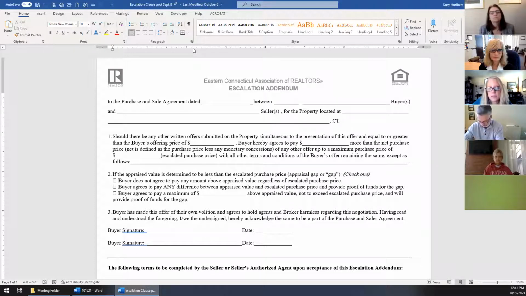But they should be able to see the terms and conditions of that offer on that contract, and it has to be a bona fide offer. And I have to include all pages too, that's the other thing, because you could submit page 1, which I've had some agents try to give me. What if there's something on page 4 that changes the net offer price?